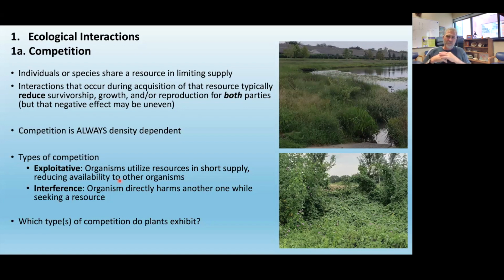Whereas with plants like dodder vine, but there's a lot of them, kudzu, for instance, they actually grow over and will completely blanket other species. That could be a really good example of an interference type of competition where that plant is literally interfering with and harming another species.